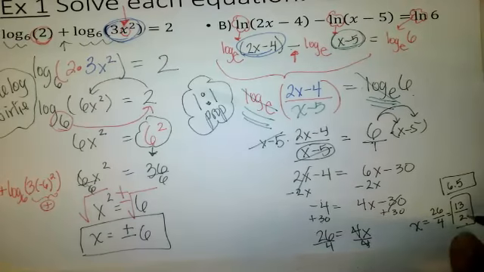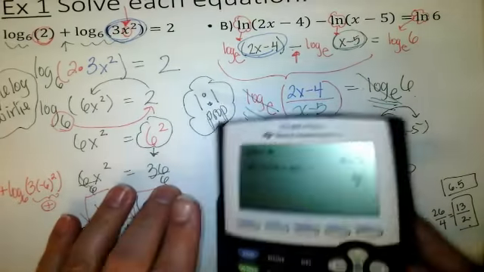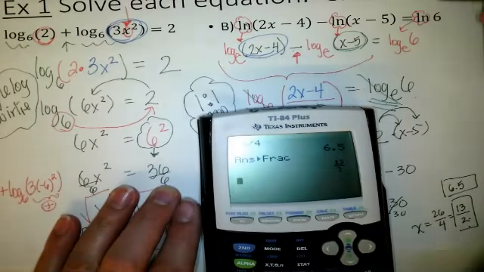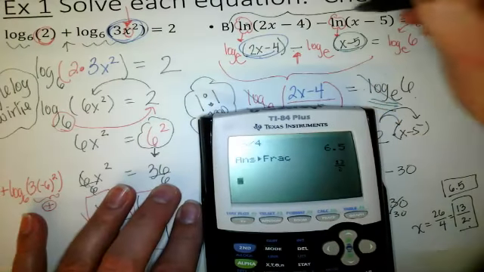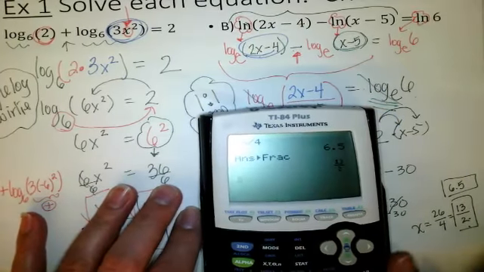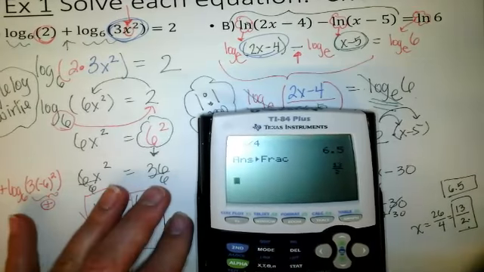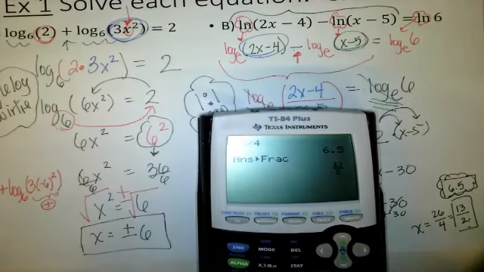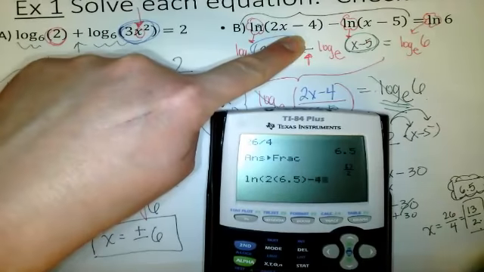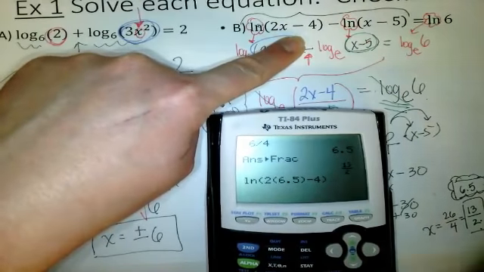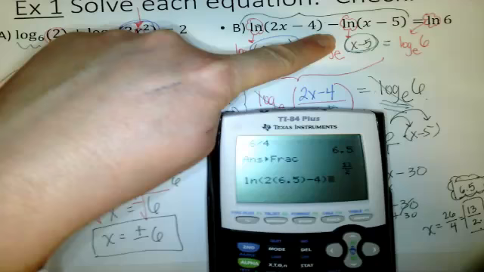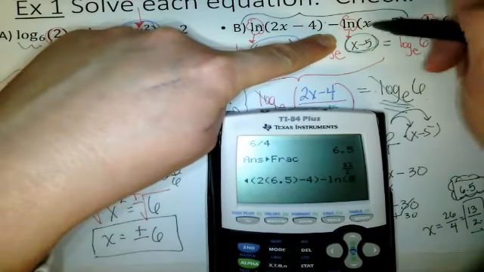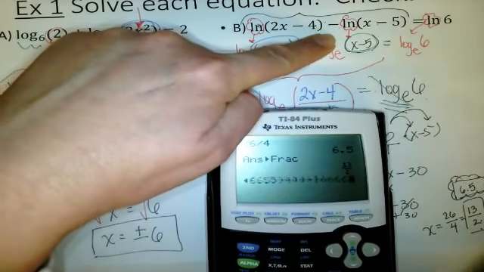When I take this number, I can plug it in, and natural log is a button on my calculator, so I can plug in the whole left-hand side to check. And I think I'm just going to use this 6.5 to check because it's easier to type in. So natural log of 2 times 6.5 minus 4. So that's my first part there. And then I'm going to subtract the natural log of 6.5 minus 5.